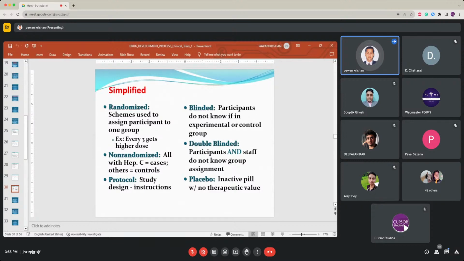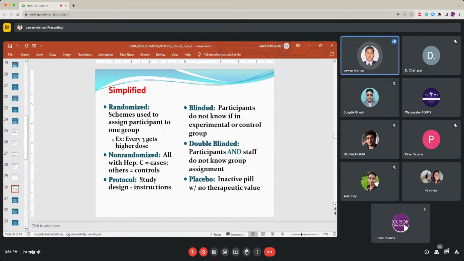Randomized trials, as the name indicates, are methods adopted to allocate the subjects or patients to different groups without any bias, without the choice or bias of the investigator or physician. Non-randomized means the patients are not randomized, but are assigned by the choice of the physician, who decides which patients are given as treatment cases and which are given as the control group.